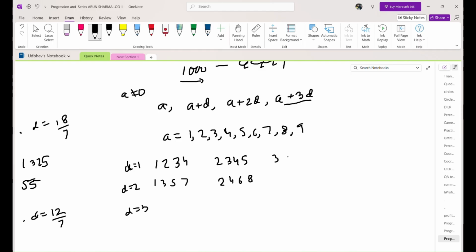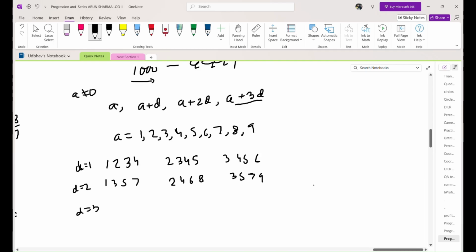Then 3: 3, 4, 5, 6; 3, 5, 7, 9; then 4: 4, 5, 6, 7; 4, 6, 8. Again, this won't work.